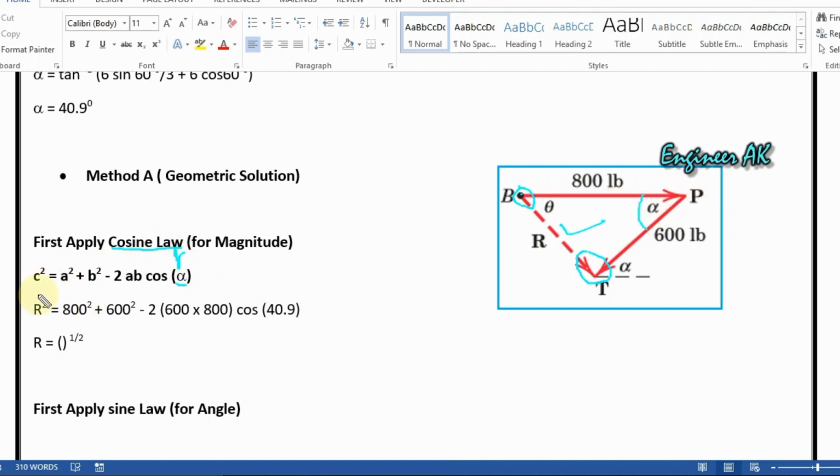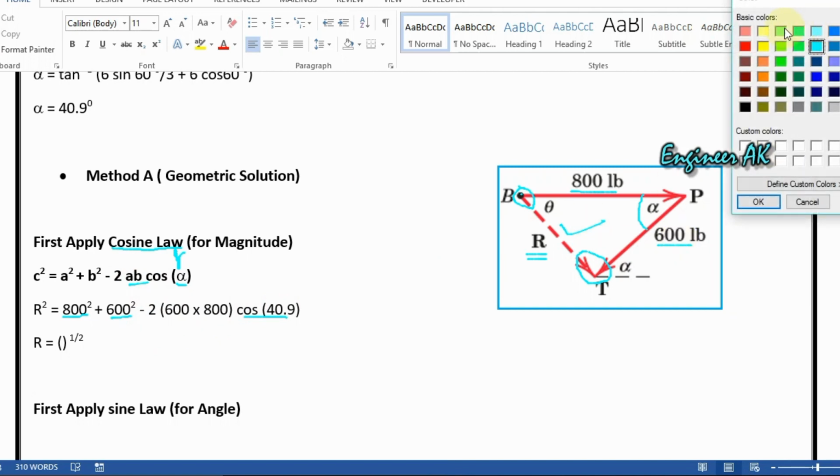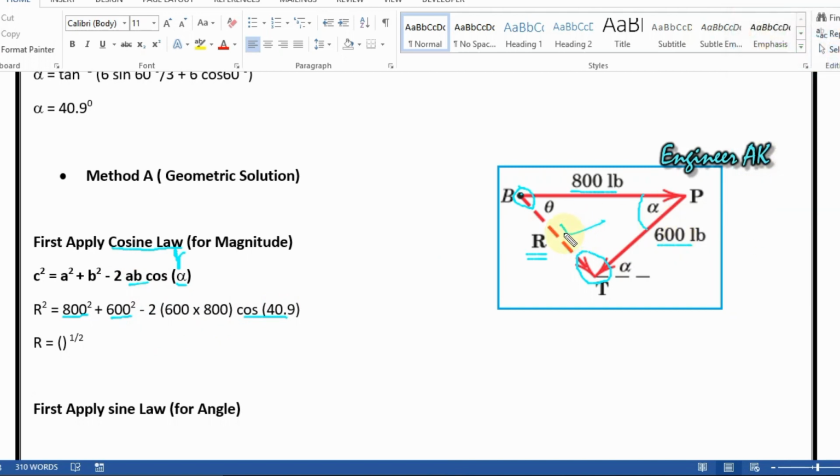So if I want to find this r, r square will be equal to 800 square, right, plus 600 square written over here, minus 2 into ab, so 6 multiplied, and cos of 40.9 degree, because if we see here, in front of r there is alpha, and we already found alpha as you can see here, 40.9 degree.